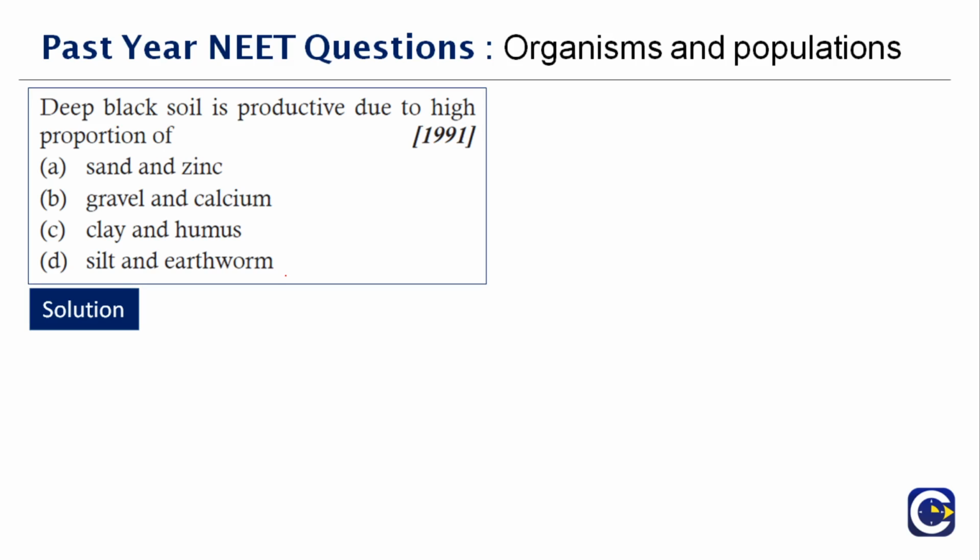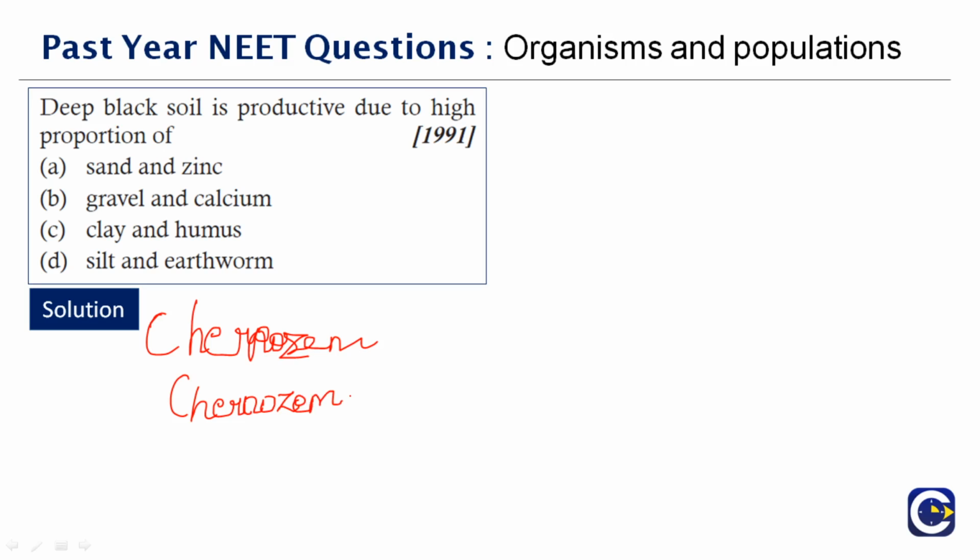Black soil is black colored and it is also called Chernozem. It is a black colored soil containing a high percentage of humus and a high percentage of phosphoric acid, phosphorus, ammonia, and this is a very fertile soil and it can produce high agricultural yields with high moisture storage capacity.